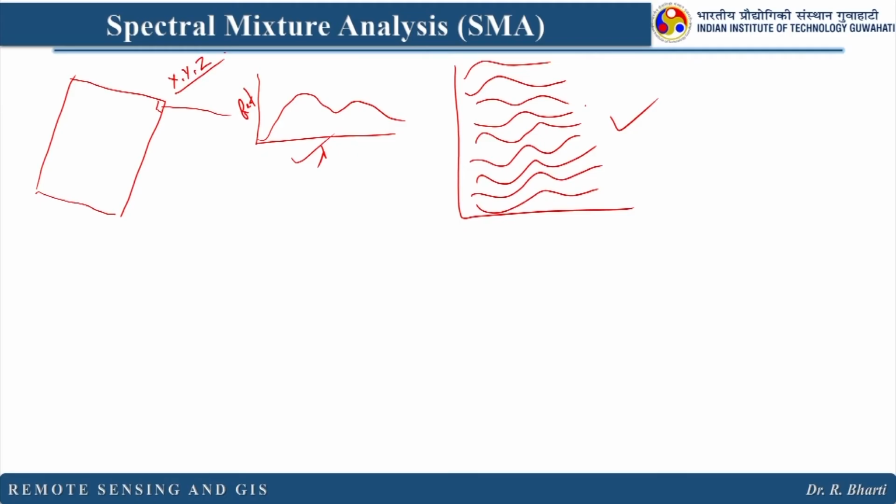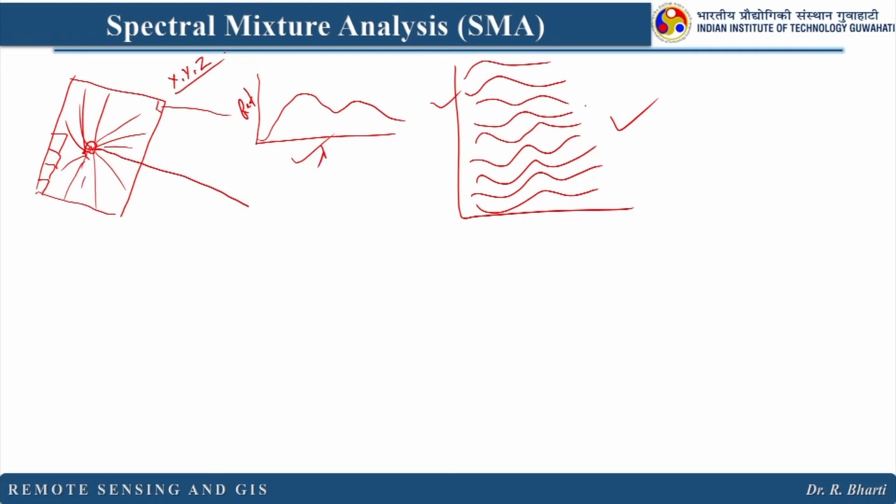So either we have to resolve all these pixels in terms of these library spectra, or we can go for identifying a pure pixel here, which is expected to be pure in nature, and with respect to this we can see all other pixels and say that is the composition of this whole image.